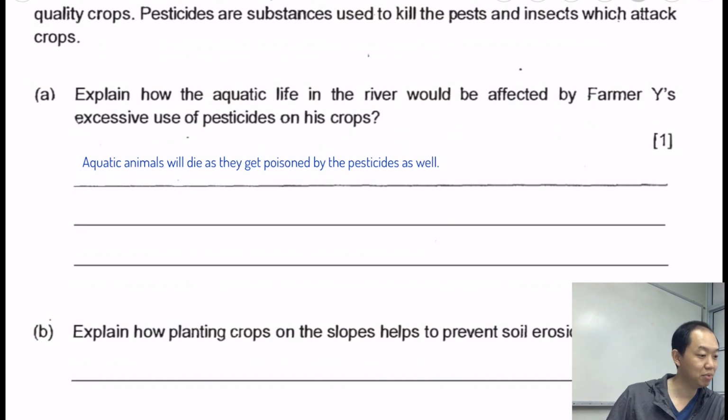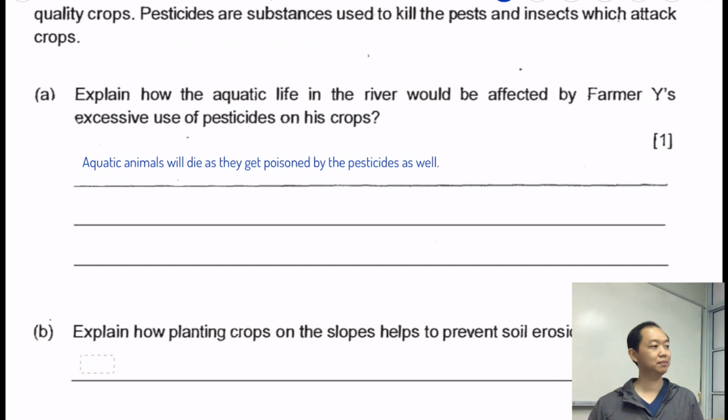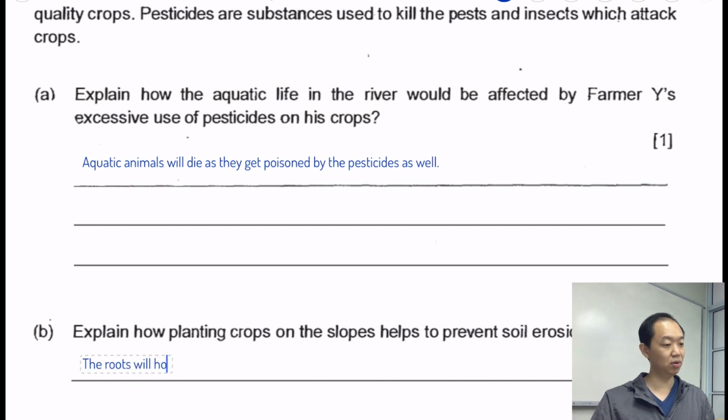So, explain how planting crops on the slopes helps to prevent soil erosion. How come the question becomes soil erosion? Why? So unrelated. So what happens to the roots? The roots hold. Very good. Okay, the roots will hold the soil and prevent water from washing it into the river.